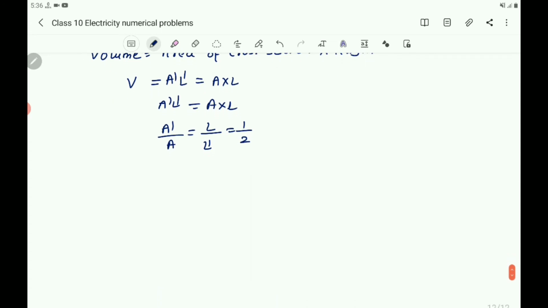Then you take R dash by R. R dash is the new resistance, R is the original resistance, that is equal to what? Rho of L dash by A dash, by rho of L by A. Rho cancels. Here what is remaining? L dash by L into A by A dash.